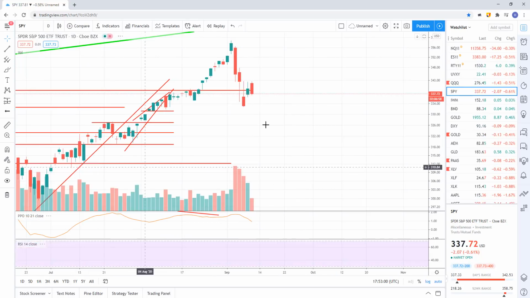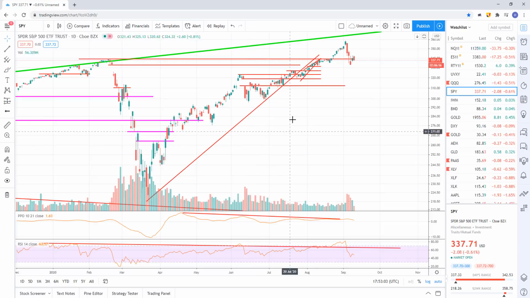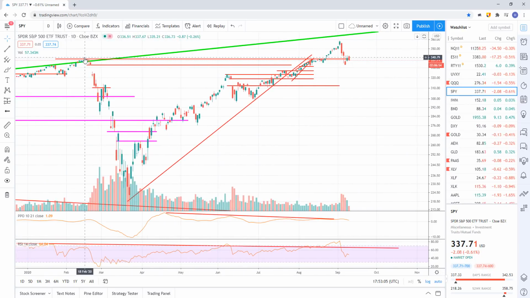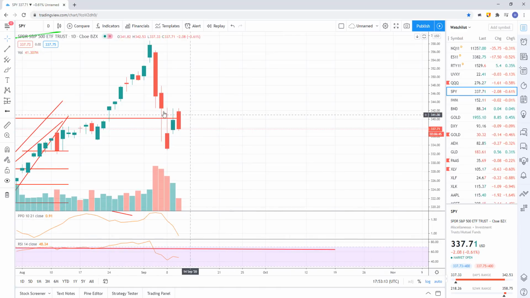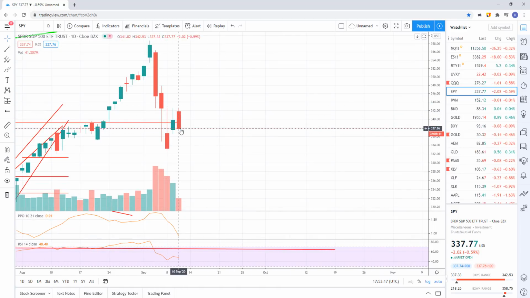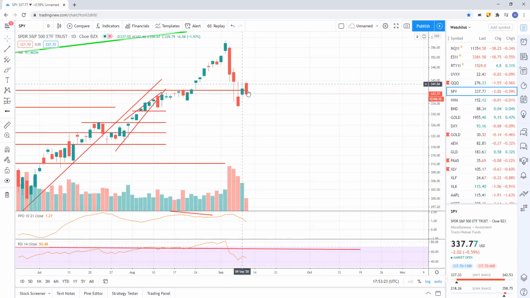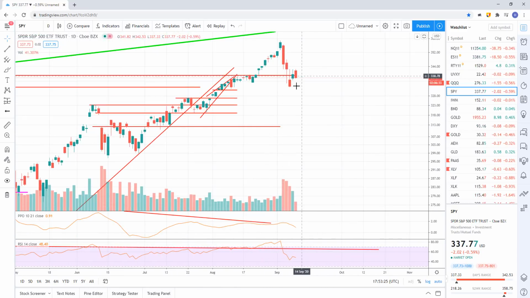So if you look at the daily, you can see really this was your former peak right here at about 338, 339.50 right in there. And we came back down, recovered it, but we're starting to head back down. So a daily close below this level to me says that that's probably the end of the bounce, and we're going to make another leg down.